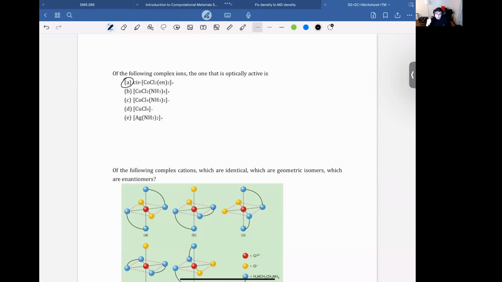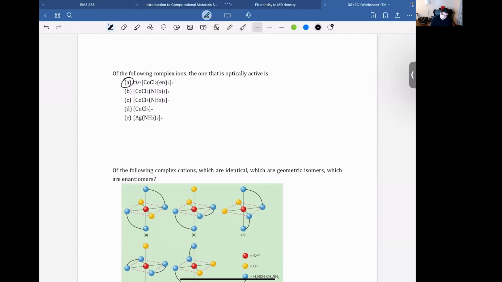One of the rules here that Dr. Enderle says is that if you have two monodentate ligands that are the same and they are cis, or another one is if you have two bidentate ligands in the cis position. Both of these are equivalent here. You have two bidentates and two monodentates. They will both end up being cis.